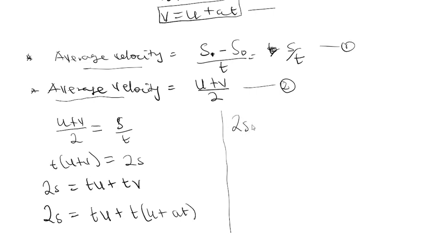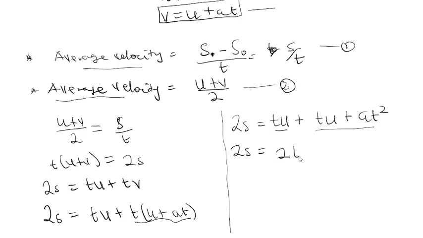We have 2s equal to tu plus tu plus at squared, so we are expanding this part. Now we have 2s equal to 2tu plus at squared.